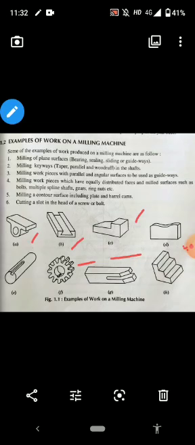We can also produce parallel and angular surfaces. Third figure. We can also produce multiple spline shafts. This one, multiple spline shafts, gears, ring nuts. We can also produce some contour surfaces. This one, figure number D. Cutting of slots, this one, and cutting of slot in the head of a screw or bolt. This one is the keyway in the shaft.